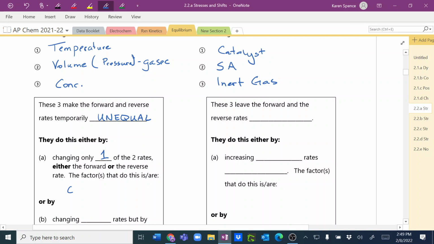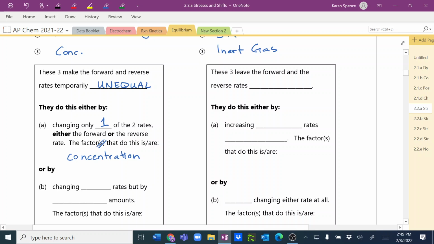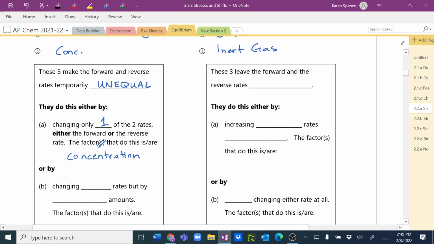Concentration. Because if we change the concentration of a reactant, that does not affect the reverse reaction. It only affects the forward reaction, at least temporarily. It affects both of them.